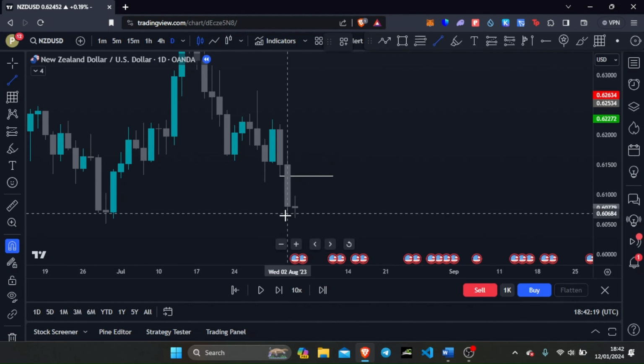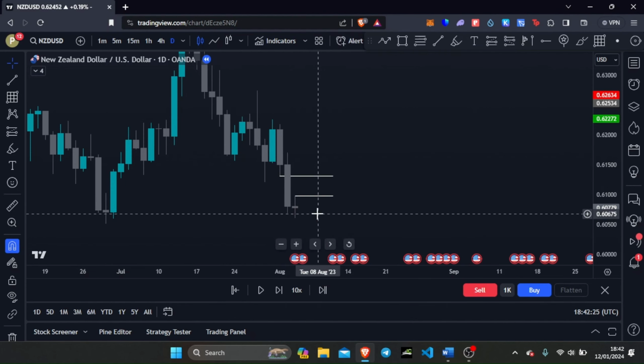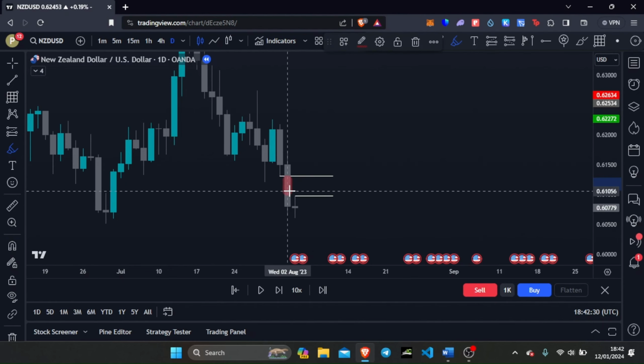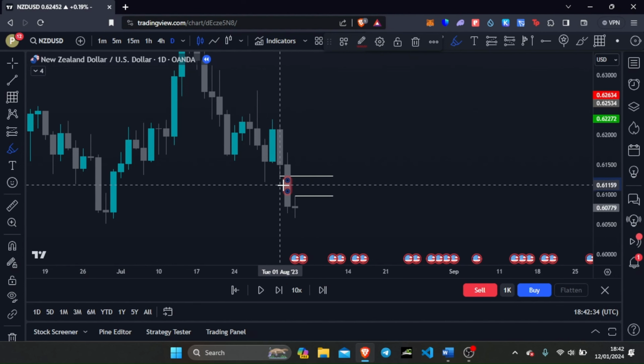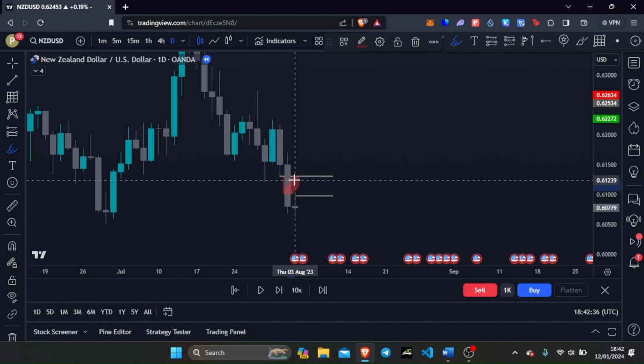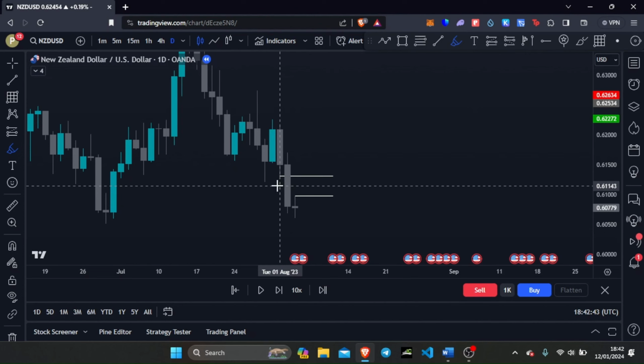And then the third candle tried to push up, but failed and only got this far up before stopping. So now we know that in this area right here, we had a lot of selling pressure, but not much buying pressure. Therefore, this created a fair value gap, an inefficiency where there was only selling offered and no buying was offered.